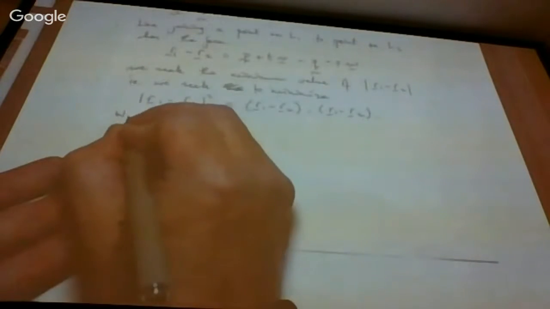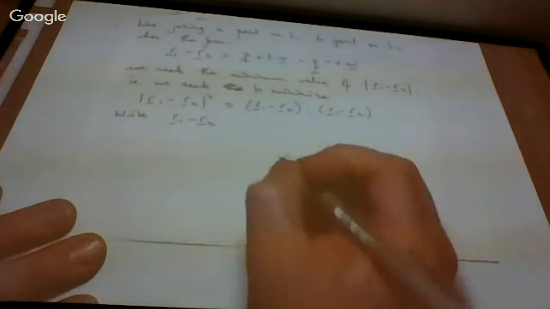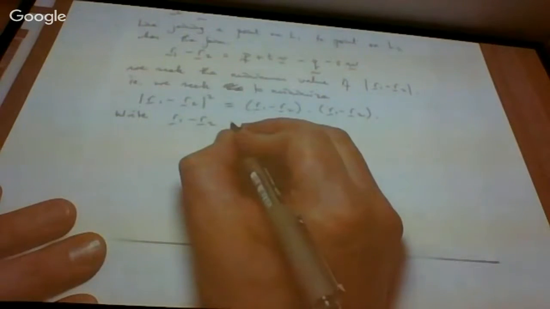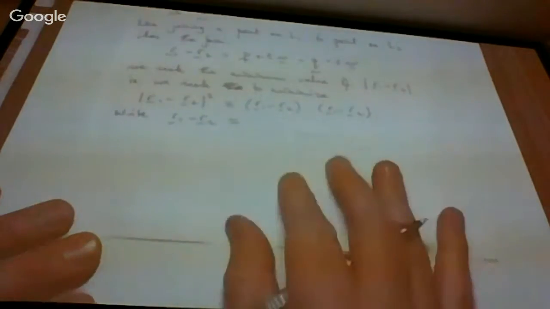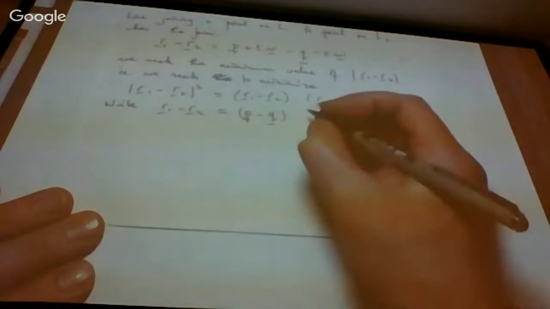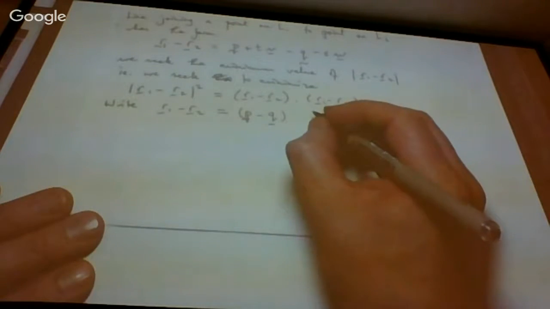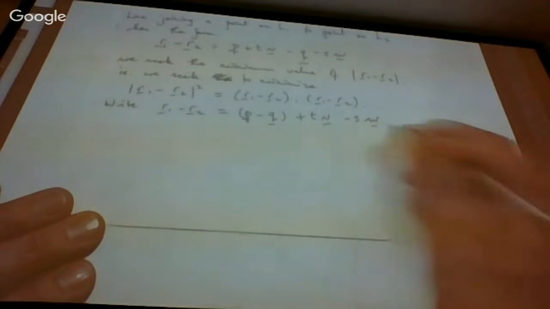So what we'll do is write R1 minus R2, just packaged up a little bit differently, as P minus Q plus TV minus SW. Then take the inner product with itself.